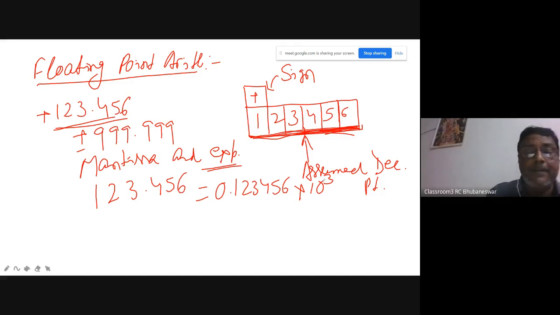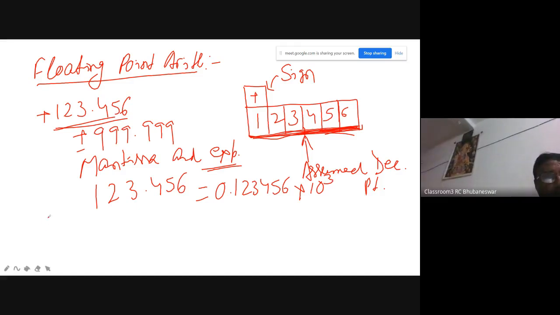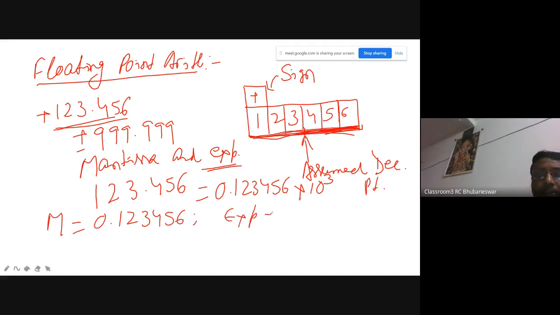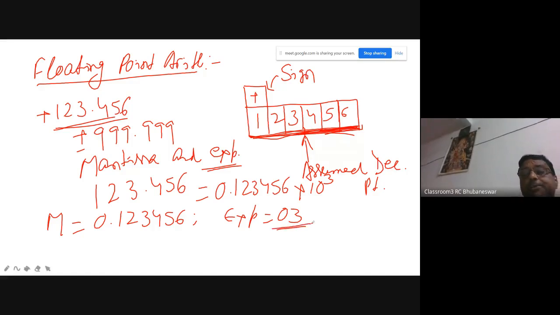So for mantissa I am writing M. Mantissa is 0.123456 and exponent is 03. So I am keeping 2 digits for exponent.